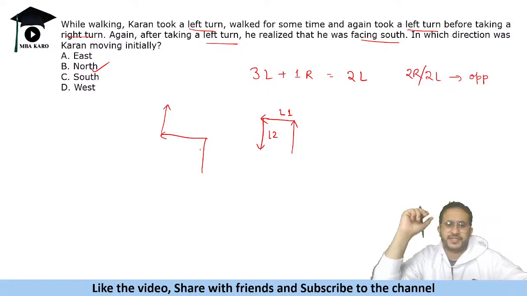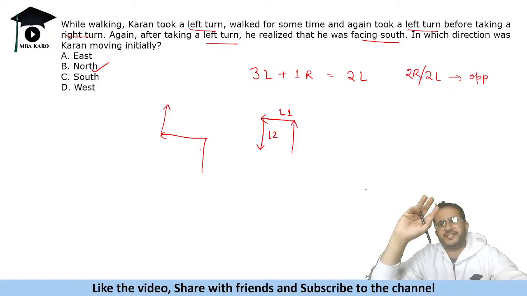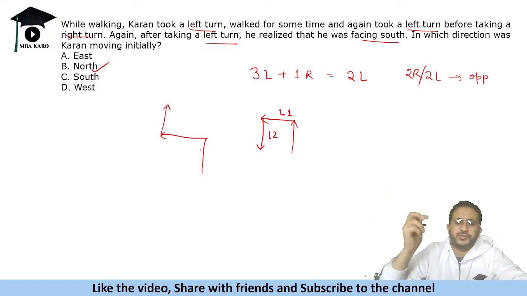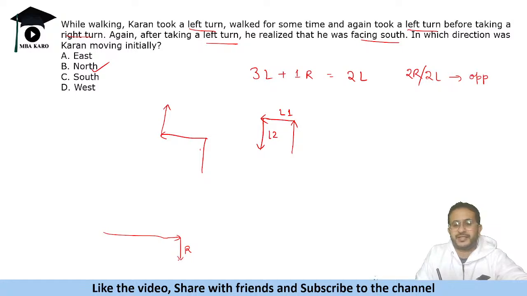In direction sense based questions, if you have to draw the direction map, first you need to get the first left or right correct. Suppose a person is going in the east direction, and they say the person takes a right turn. For the first turn, you need to think that right is this side. Then if they say right again, without even thinking, just make it: two rights will make it opposite.